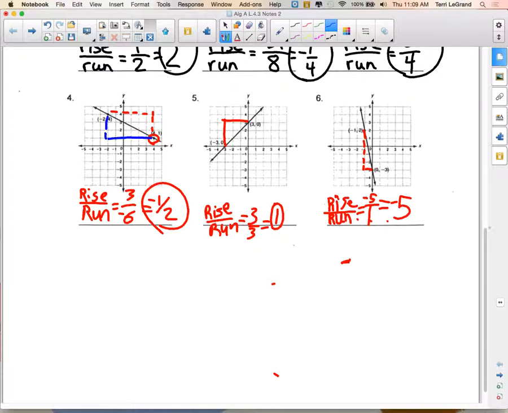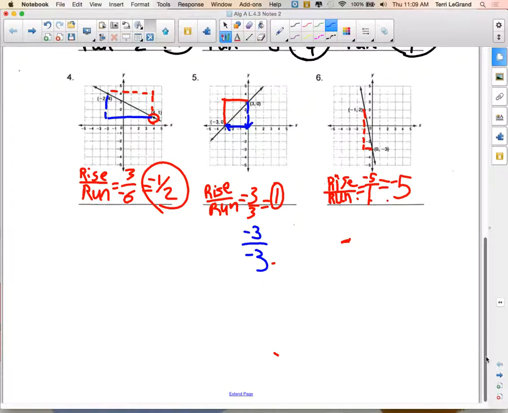Did this happen to anybody? Anybody do it from that direction? No? What's negative 3 divided by negative 3? Positive 1.